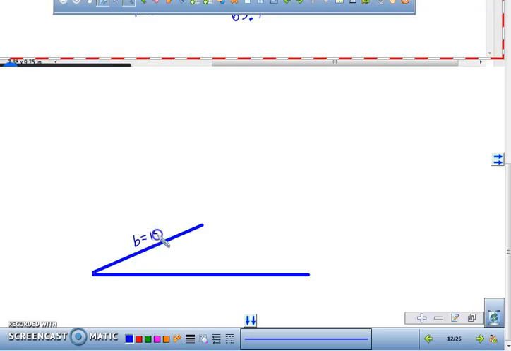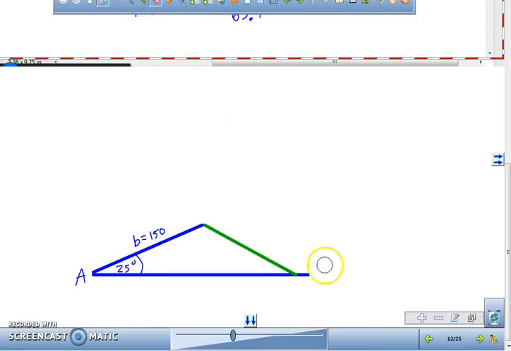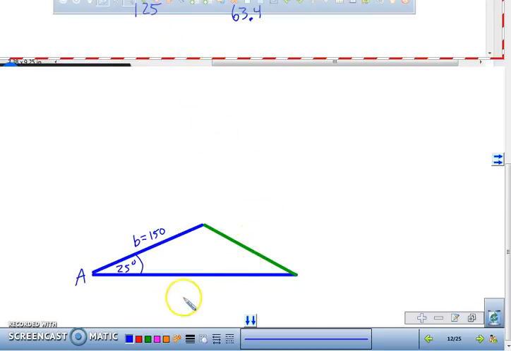And side B was what? 150, correct? Here's angle A. That's a small little sliver right there, 25 degrees. Right now, side A is slightly less than 150, so I'm going to estimate that this side A is 125.